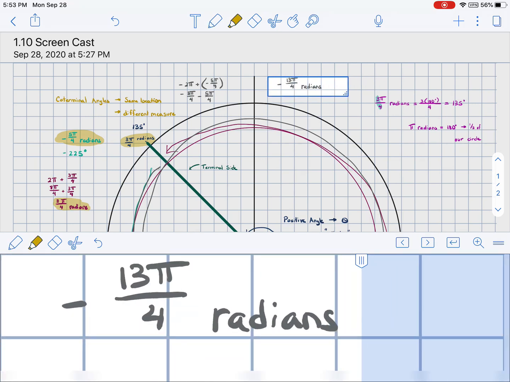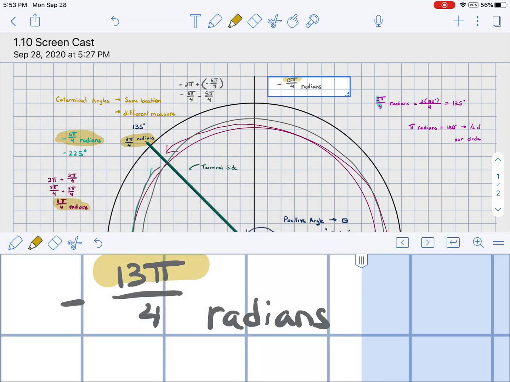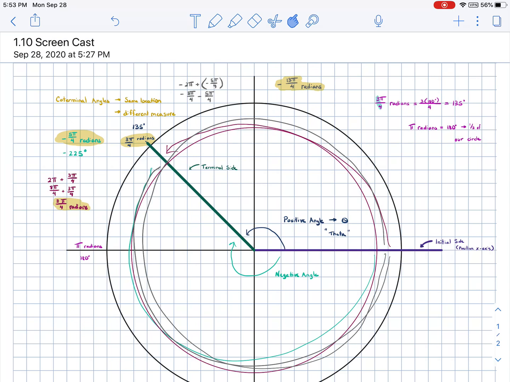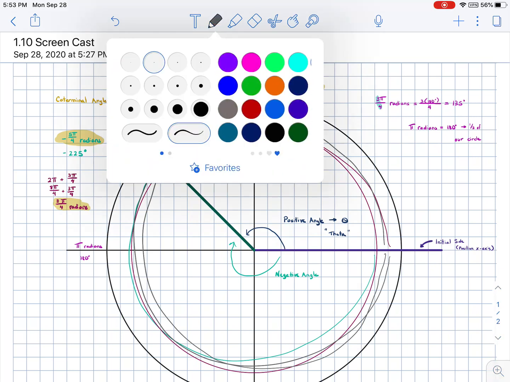So in today's lesson, you're going to locate common angles on your unit circle. A little bit of a review from last year. So anything that's like 30 degrees, we're thinking like a third of the way in.